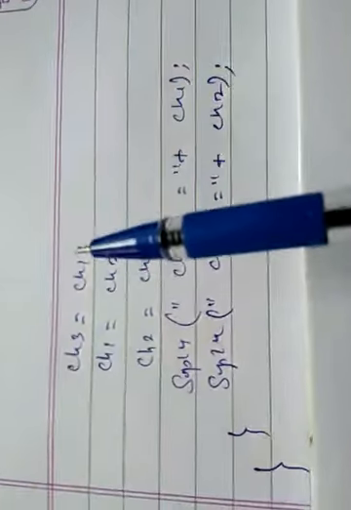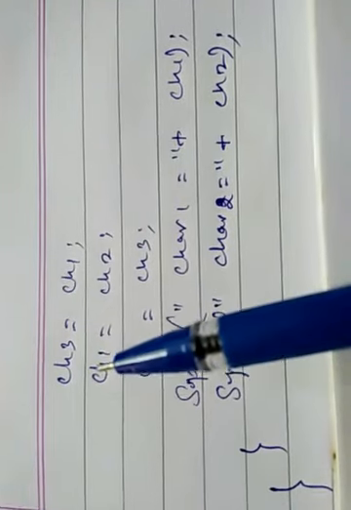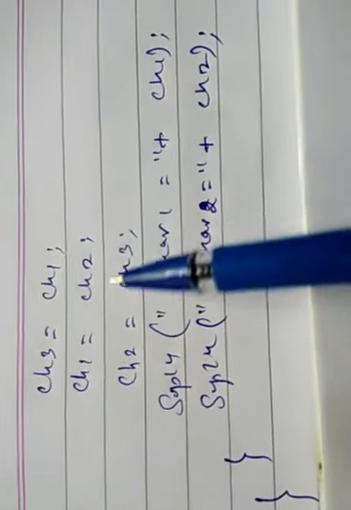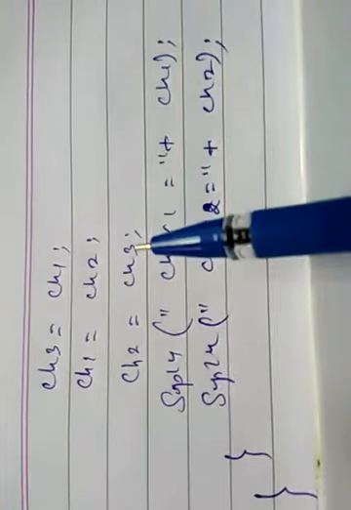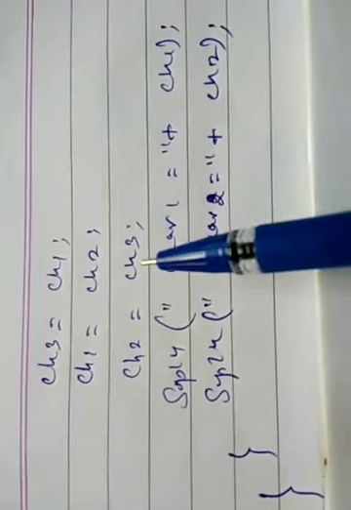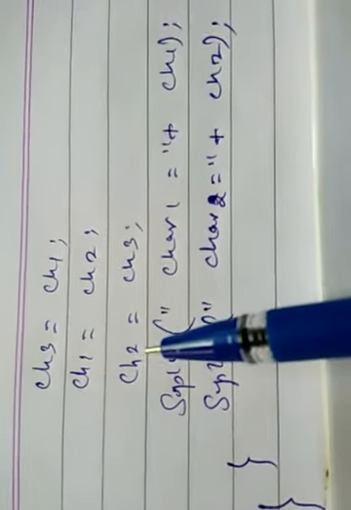The concept of the swapping is, first we transfer a character from ch1 to ch3. So ch1 will be empty, ch1 equals ch2, now ch2 will be empty, and ch2 equals ch3. So the character which was in the first variable, stored in ch3, will be stored in ch2.